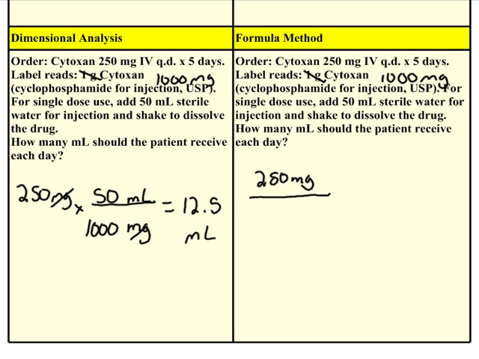Therefore, our order is 250 milligrams. We're going to divide by the dosage on hand, 1,000 milligrams, and multiply by the 50 milliliters it's being delivered in. As you can see, the milligrams cancel and we're left with milliliters. When we multiply 250 times 50 and divide by 1,000, we discover we need to give 12.5 milliliters.